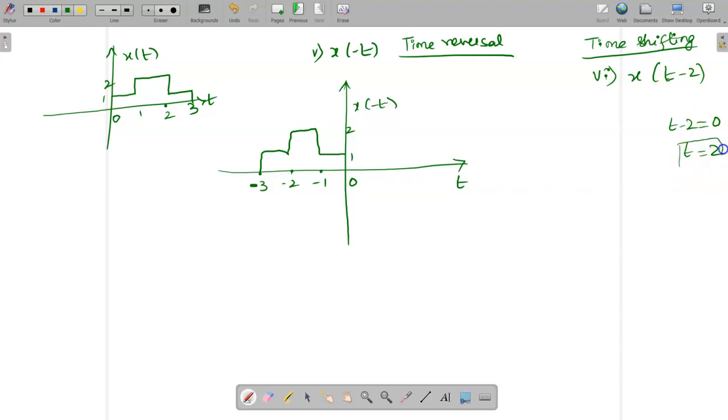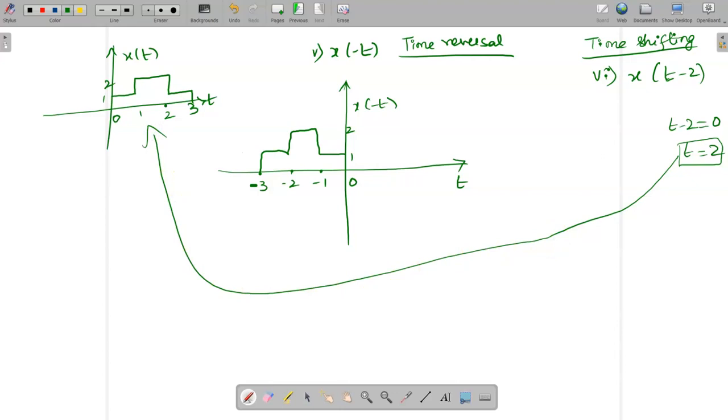Now this value of t we have to add with each and every instance of t. There it is multiplication, so you multiplied each and every instant. Here it is an addition operation. So addition is nothing but we are adding the minus 2 value. So each and every instance of t we are adding with the value whatever we have obtained.